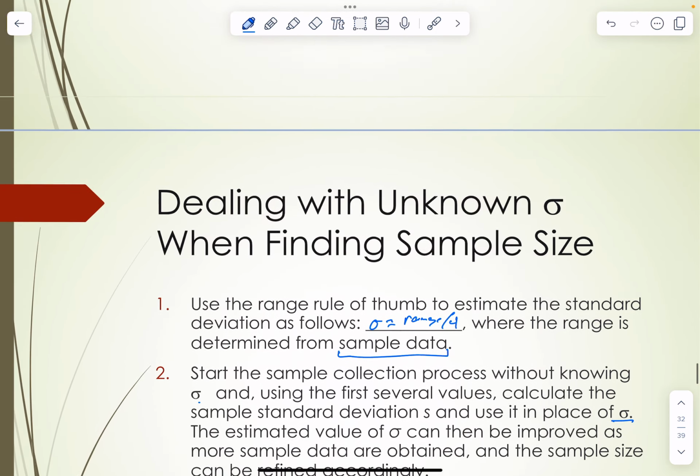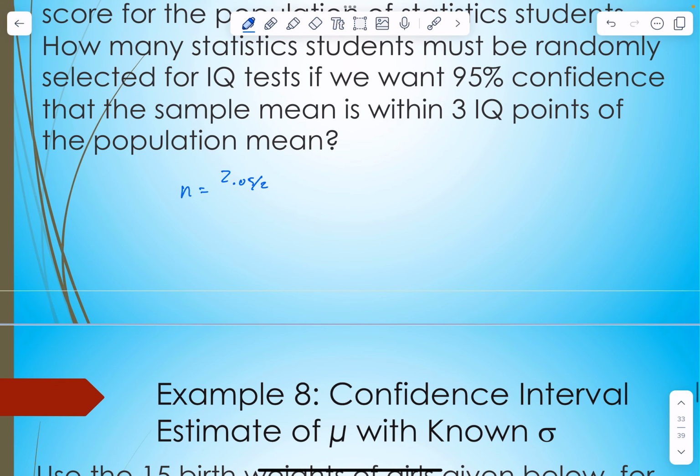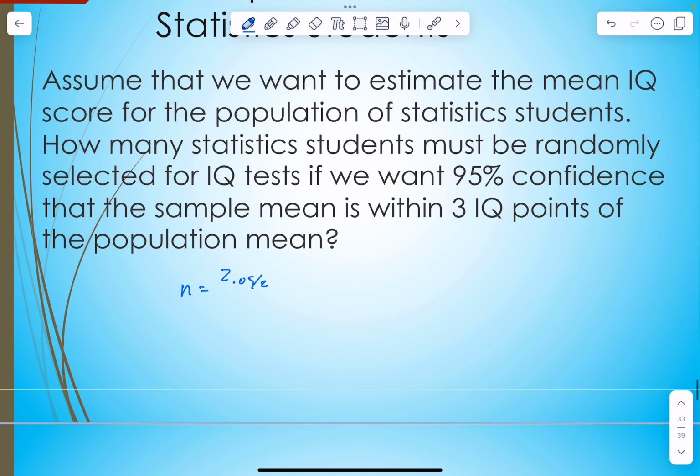Let's go back to our formula: sigma times sigma over E, all of that squared.